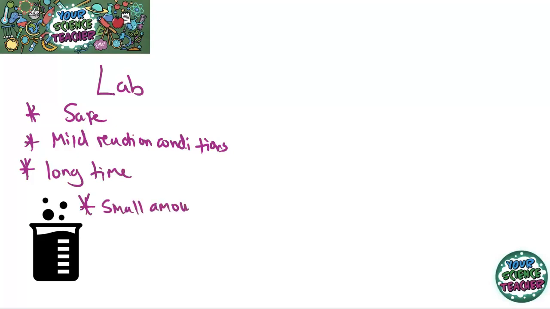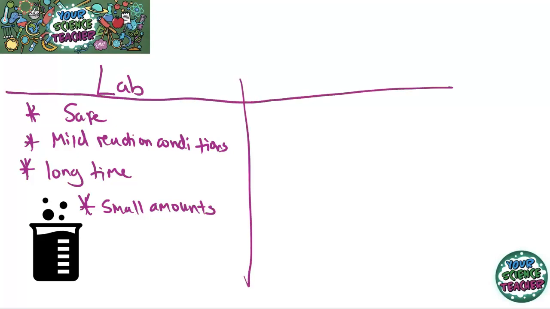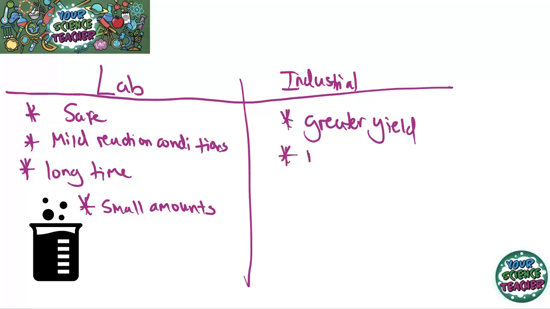As a consequence, these reactions are carried out on an industrial scale, and what the difference is the fact that we now create a much greater yield in much less time. But to do this, it comes at greater risk.